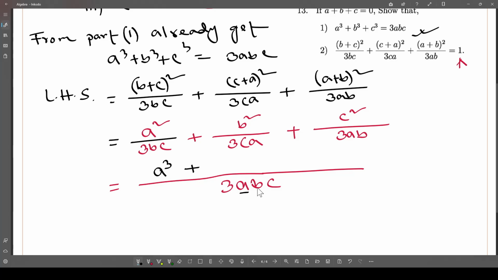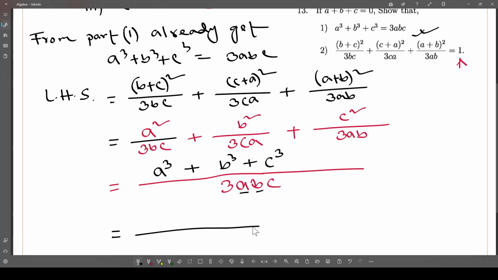Then 3abc divided by 3ca, we will get b, b times b square is b cube. And 3abc divided by 3ab, we will get c, c times c square will be c cube, right?